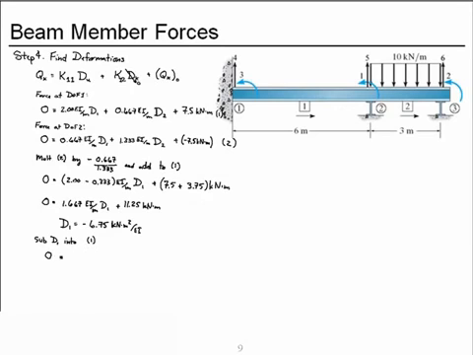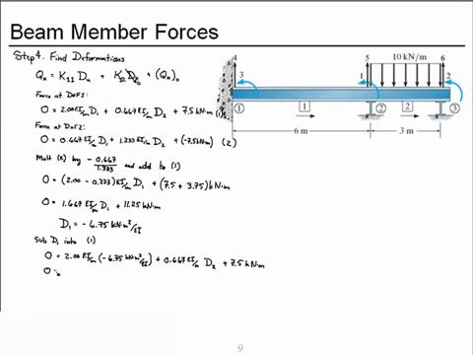So I have 0 equals 2.0 EI over meters times the minus 6.75 kilonewton meter squared over EI plus 0.667 EI per meter times deformation 2 plus our fixed end force 7.5 kilonewton meters.